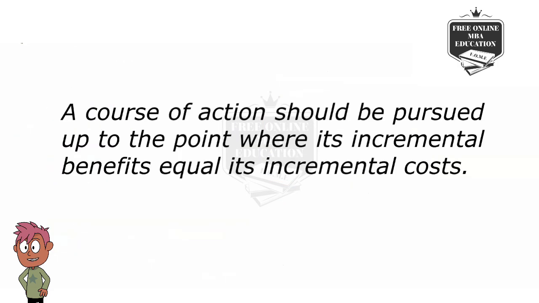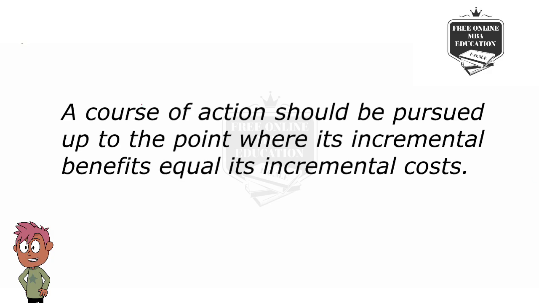Okay. So now, when we talk about the incremental concept, always understand a course of action should be pursued up to the point where its incremental benefit is equivalent to incremental cost, right? So if you are talking about maintaining relations, or being able to take up better orders or build relationships, then up to what extent should you take the course of action?